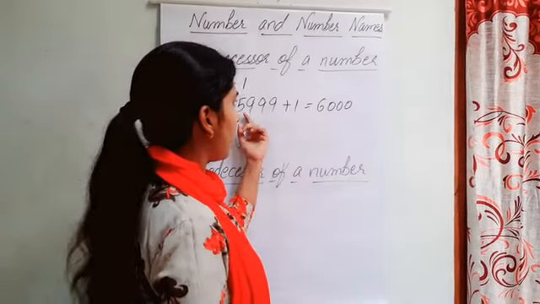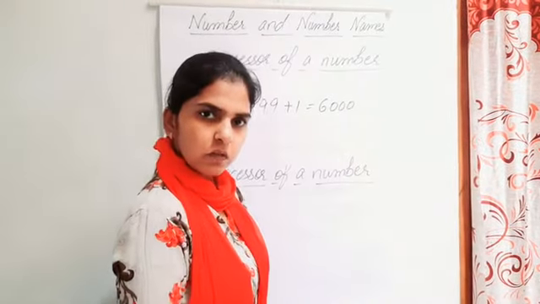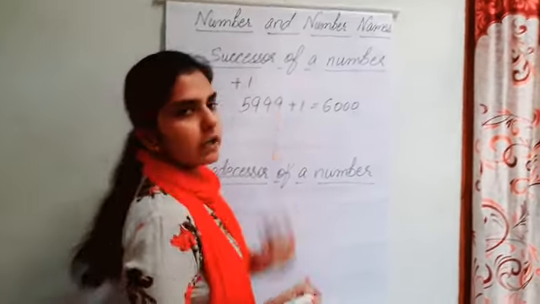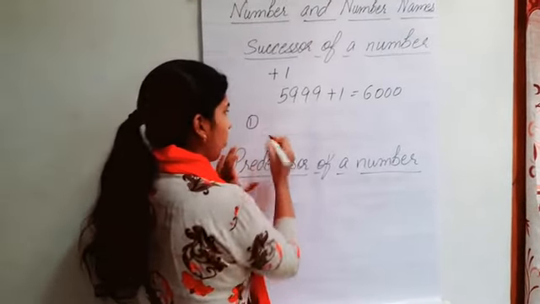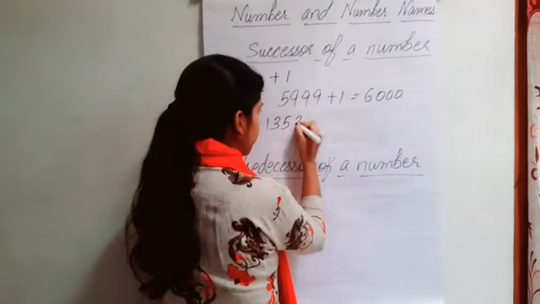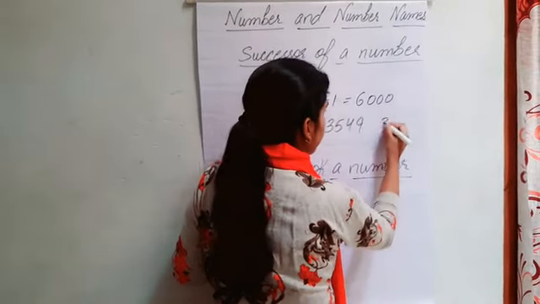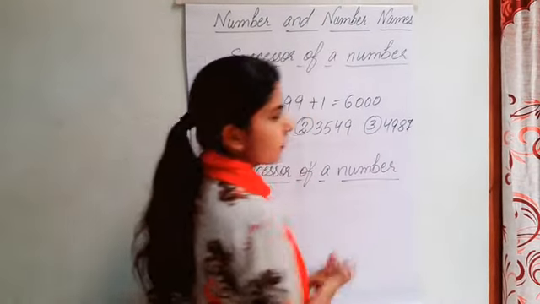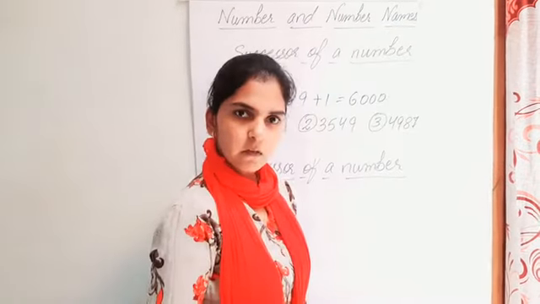So successor of 5999 is 6000. Okay, students. Now I am writing some numbers and you will find successor of those numbers. Write these numbers in your notebook. Okay, students, you have to find successor of these numbers.